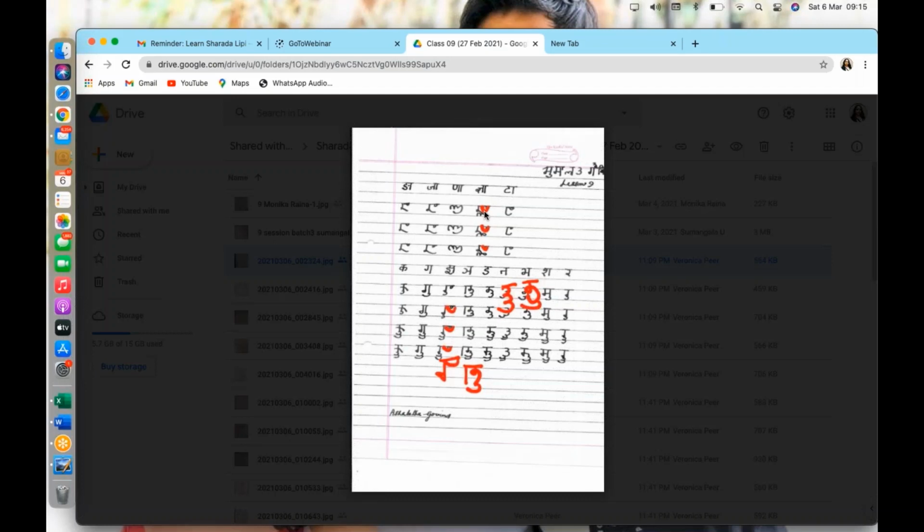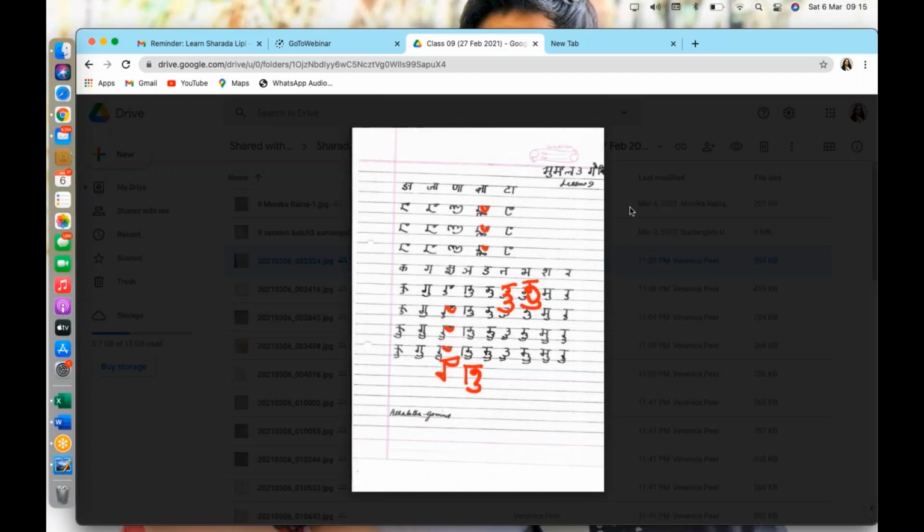In case of gya, if we see, a correction has been made. I think in the original assignment, this particular curve was not made, and the correction has been made on top of it. So I think you had not made the curve here.